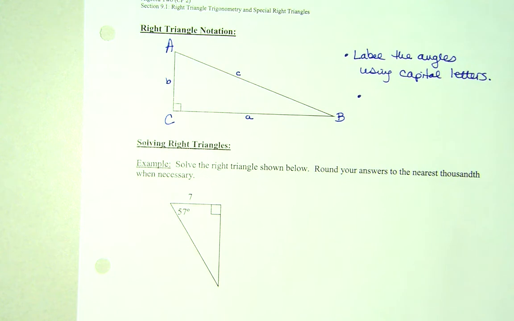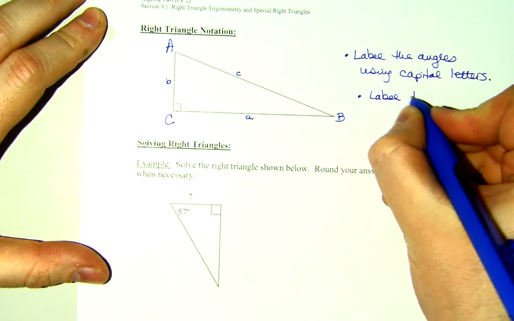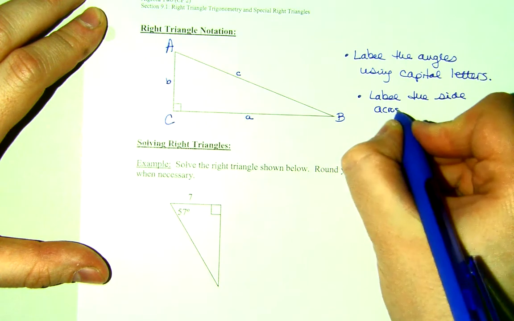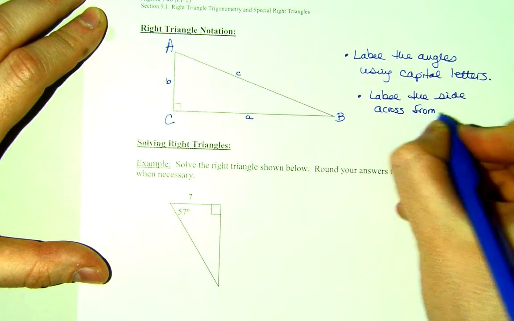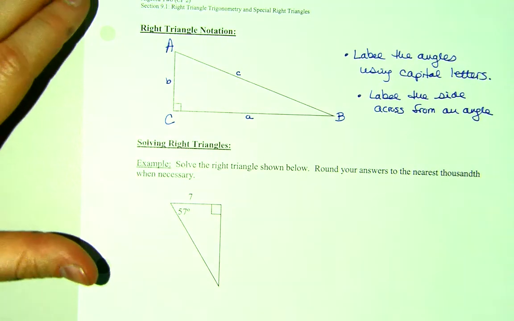So we are going to label the sides, or the side across from an angle, with the same letter, just lowercase.